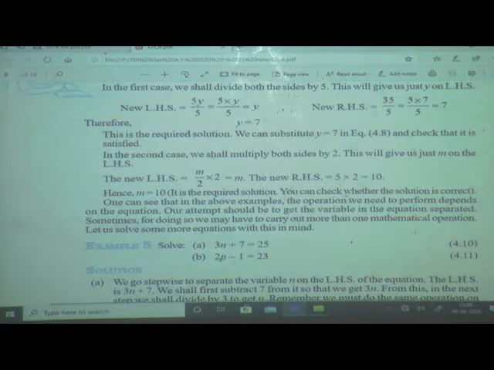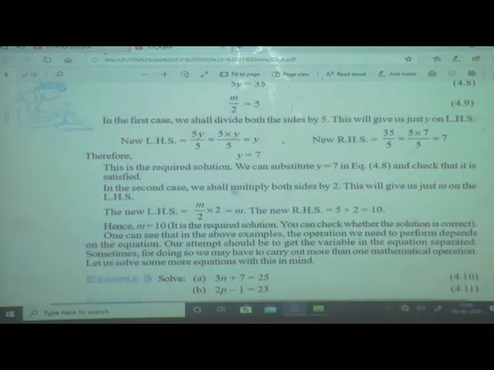You can check whether this solution is correct or not. When you put the value of m in the given equation, what is our equation? Again I will show you. If you put the value of m as 10, we write 10 upon 2, simplify it as 2 ones are 2 and 2 fives are 10, so 5 equals 5.